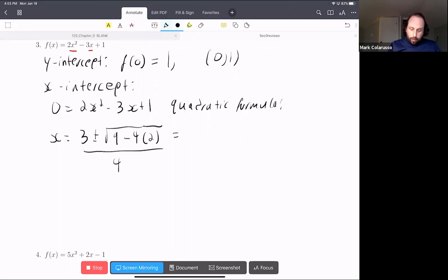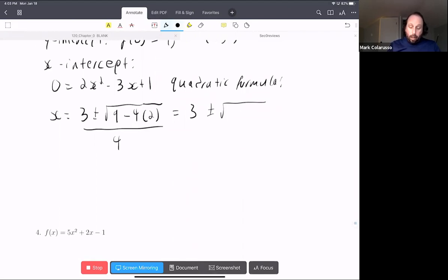So this is 3 plus or minus the square root of 9 minus 8, well, that's just 1. So that works out to be pretty easy, over 4.